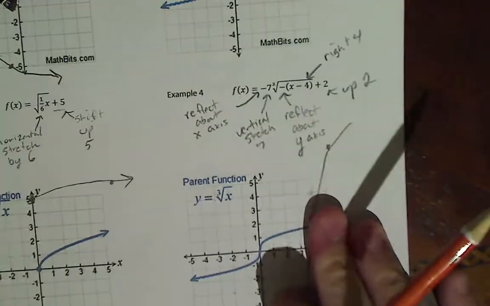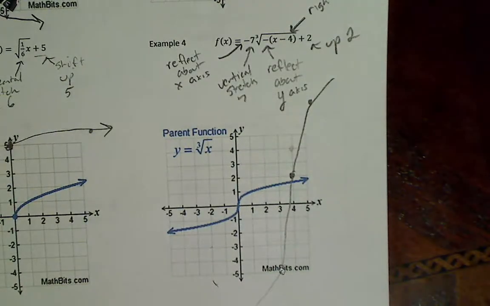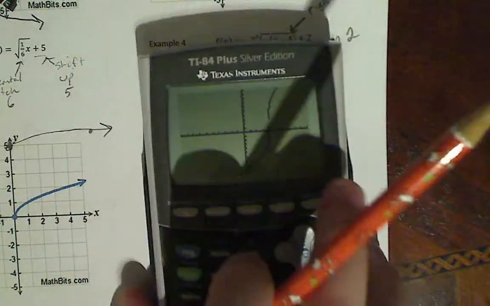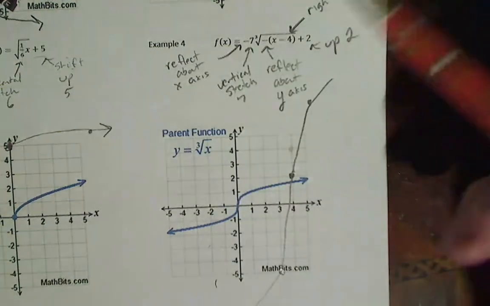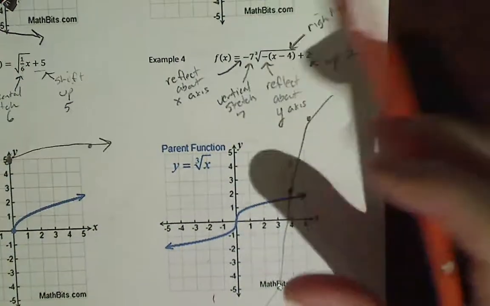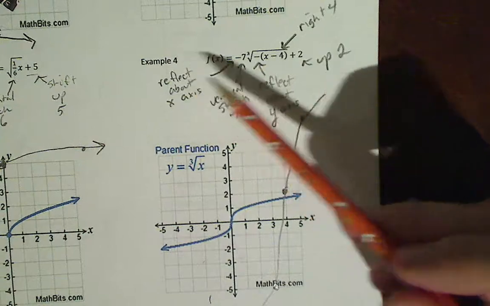Okay. The next one had a bunch, and the graph was really, I'll show you what my calculator looks like, kind of like this. So just kind of get an idea. Looks like this, but here's what we have. So you have the first negative, that's a reflection about the x.